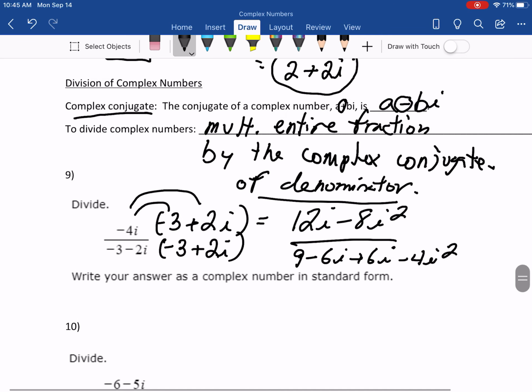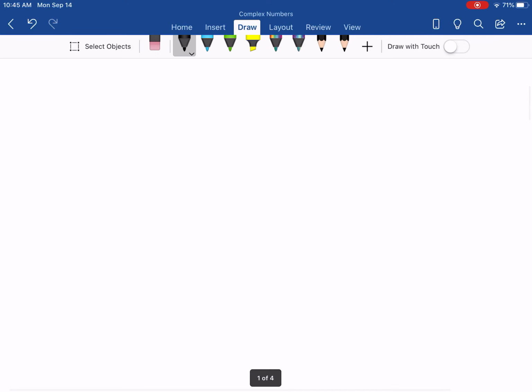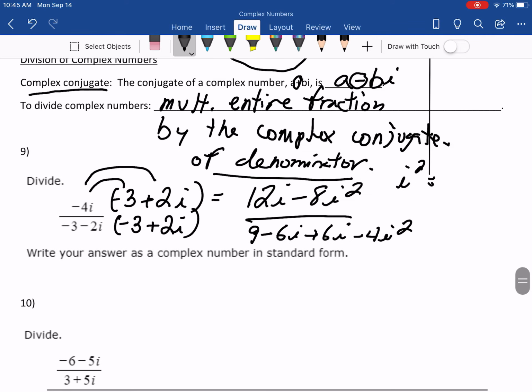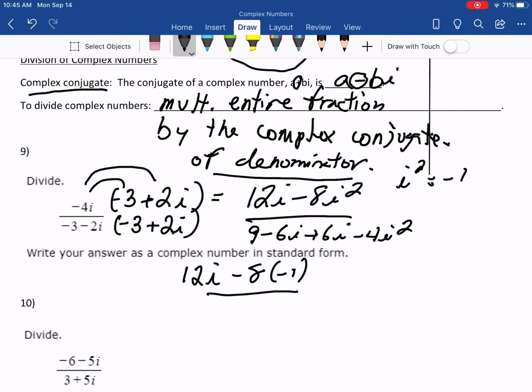Combining like terms and inserting that i squared is negative 1, that'll be 12i minus 8 times negative 1 over, in the denominator, the middle terms will cancel. So we have 9 minus 4 times negative 1.